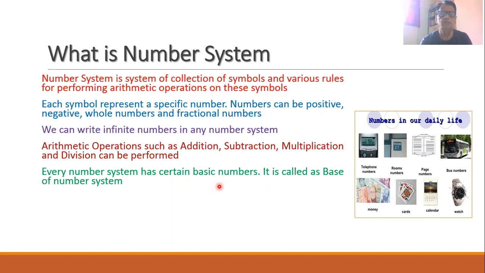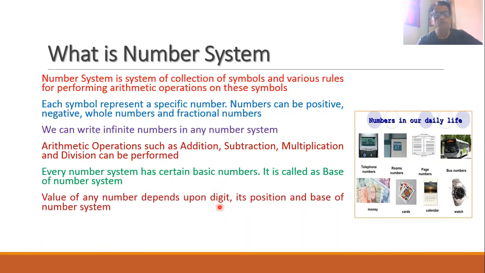Every number system has a typical base of its own. The value of any number in a number system depends upon what kind of digits you are using in the number.